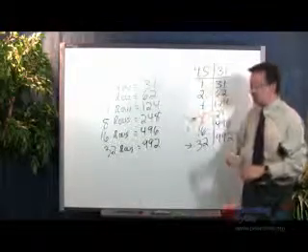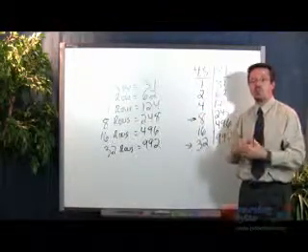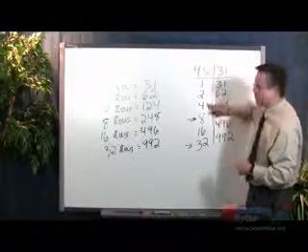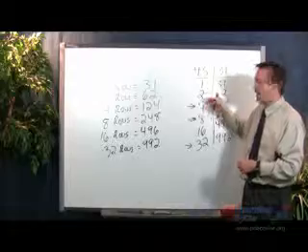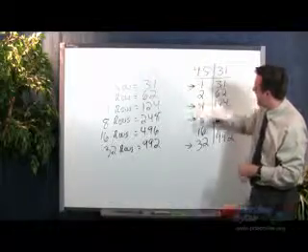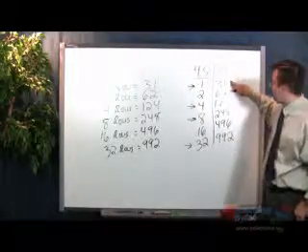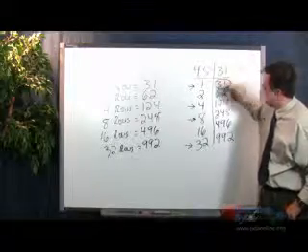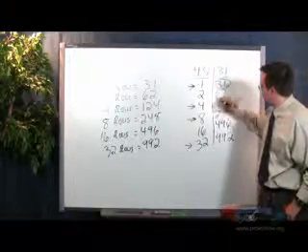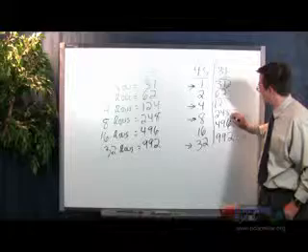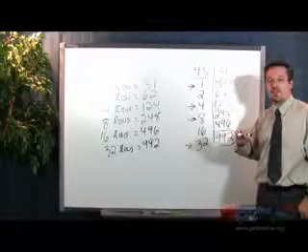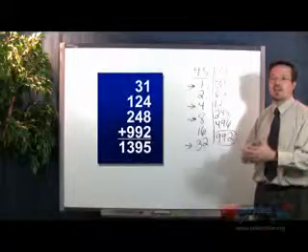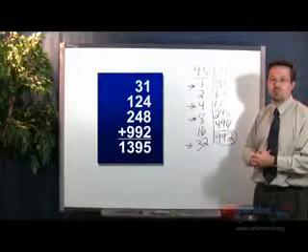So we're going to mark that. We'll pull 8 out of the 13, that leaves us with 5. We can pull a 4 out of a 5, and that leaves us with 1. So we'll take the 1. That indicates the numbers that you'll want to add. We'll want to add 31 plus 124 plus 248 plus 992, and that again will give us our solution.